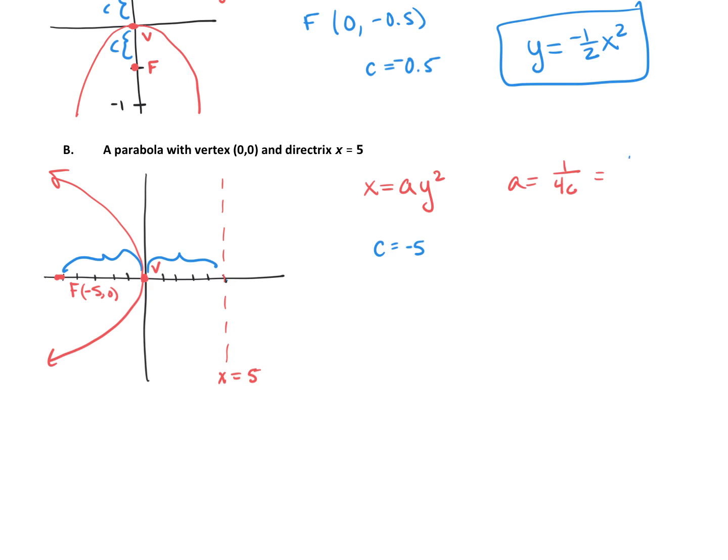So let's plug that in. 1 over 4 times -5 is a negative, just throw it out front, 1/20. So now our equation, x equals, we know that a is -1/20, times y squared. And that's the equation of this parabola.